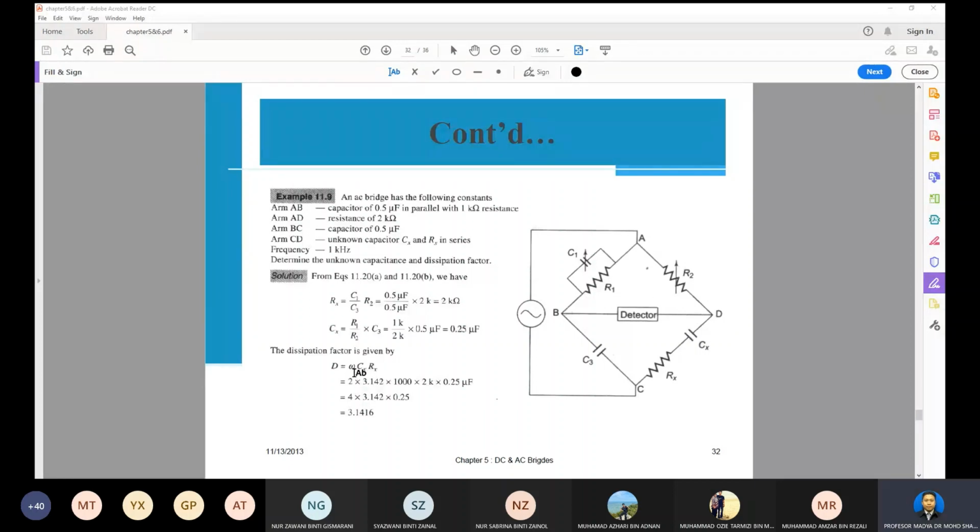The standard formula for D equals omega multiplied by Cx and multiplied by Rx. Cx and Rx are already calculated here, so just multiply and you get D equals 3.1416, similar to pi. That means D equals pi.